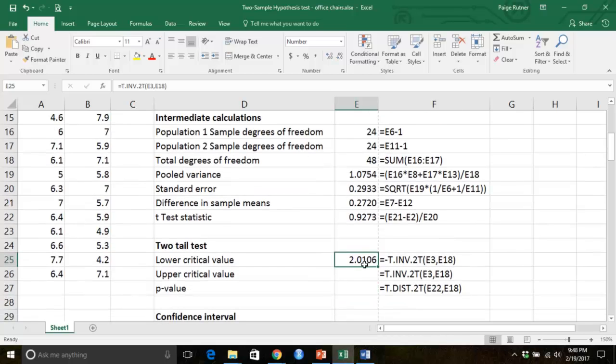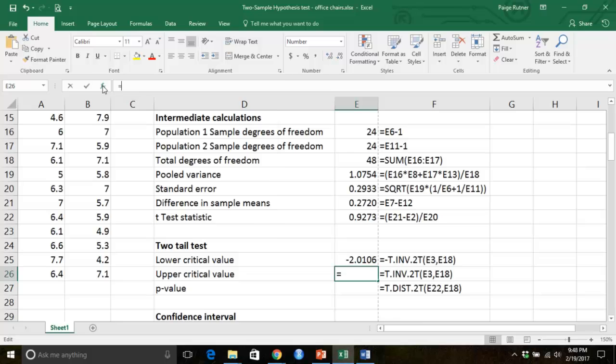Now, notice that when I use that T inverse two-tailed function, it automatically gives me the upper tail critical value. If I actually want the lower critical value, I can just put a minus sign in front of that formula, and that gives me the critical value on the lower tail.